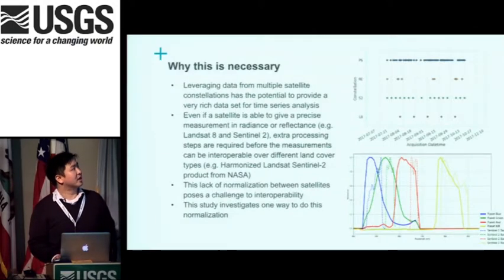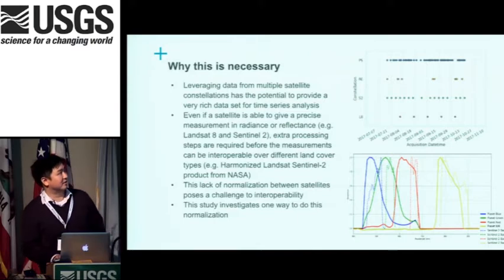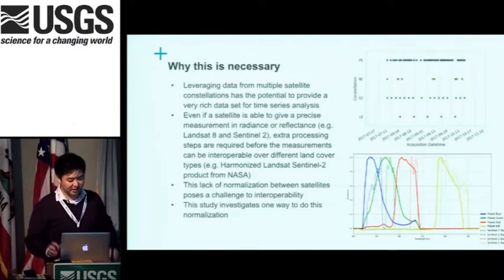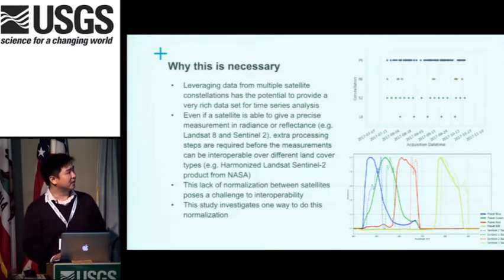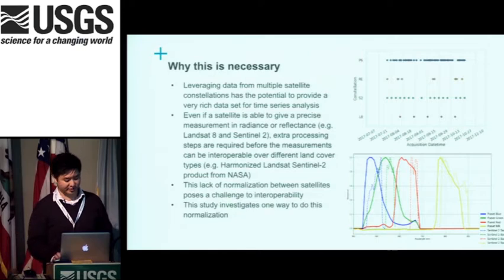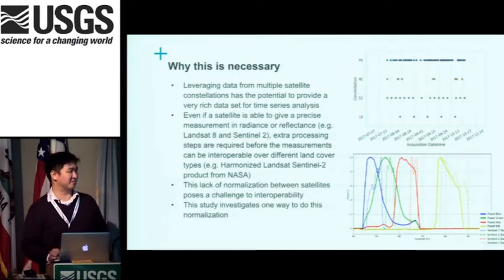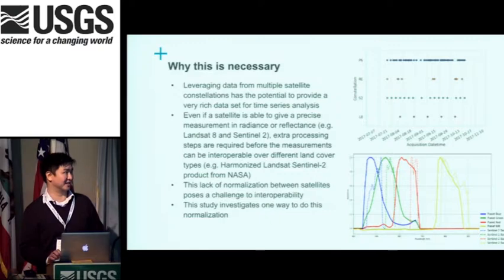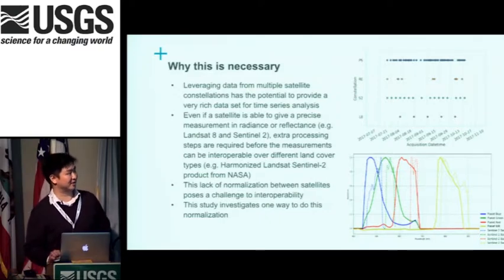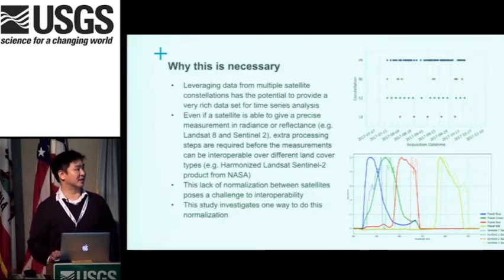So quickly about why this is necessary. Most studies these days combine data from different sources, and even if the satellite is well calibrated and precise, like Landsat 8 or Sentinel-2, extra processing is always needed to try and harmonize them. For example, there are multiple projects to harmonize Landsat 8 and Sentinel, like Sen2-like, as well as the harmonized Landsat Sentinel-2 product.